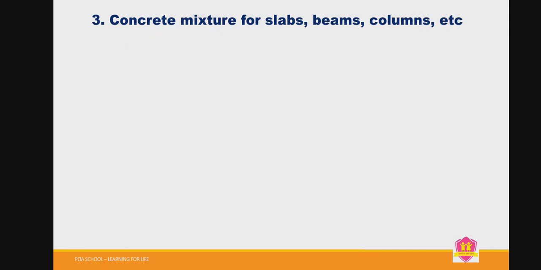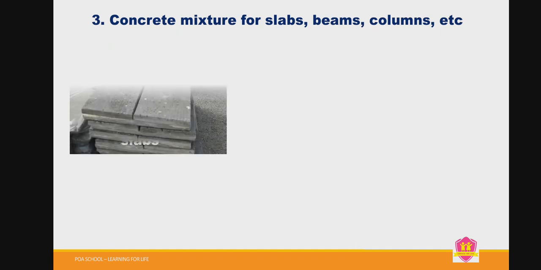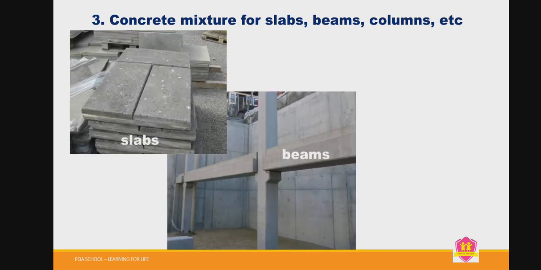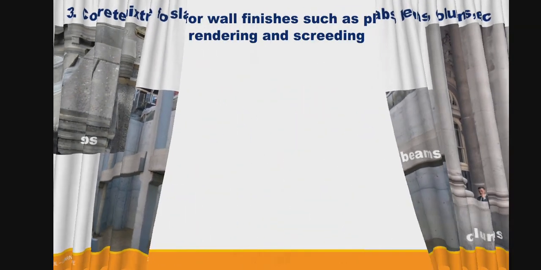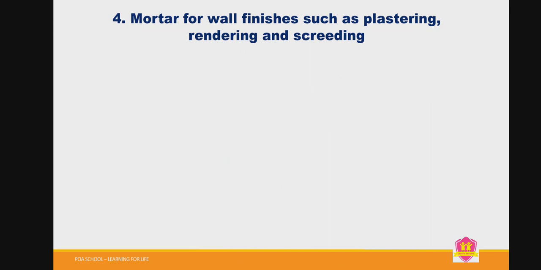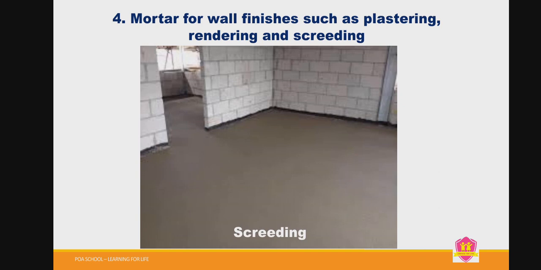Sand is also used in concrete mixtures for making slabs, beams and columns. It is also used for finishing wall surfaces, such as plastering, rendering and screeding. The picture below shows a typical room which has been screeded.